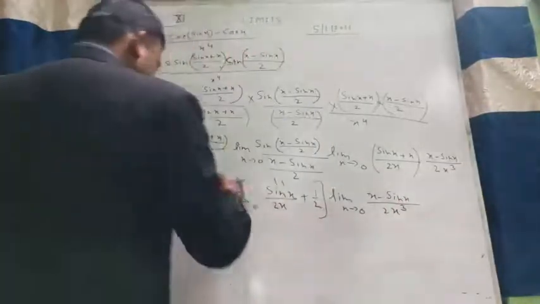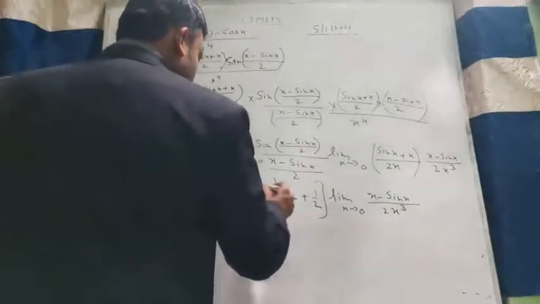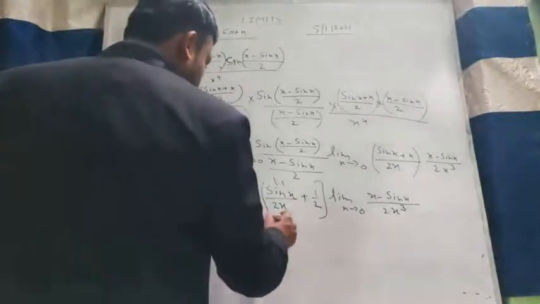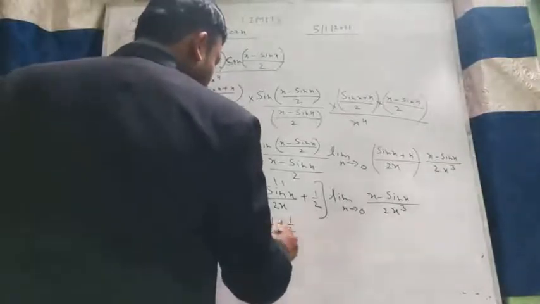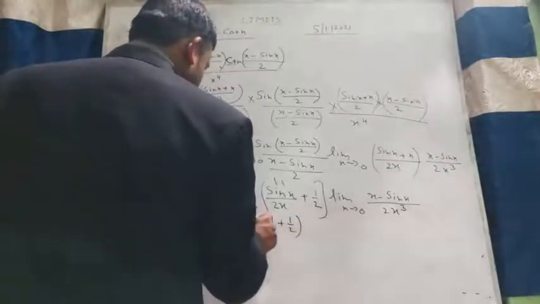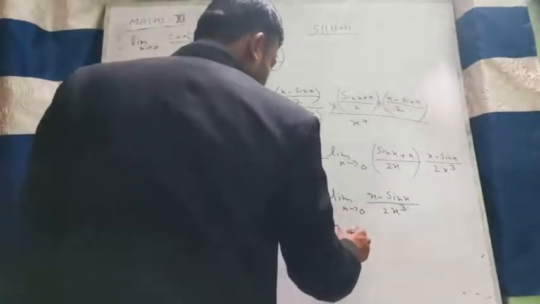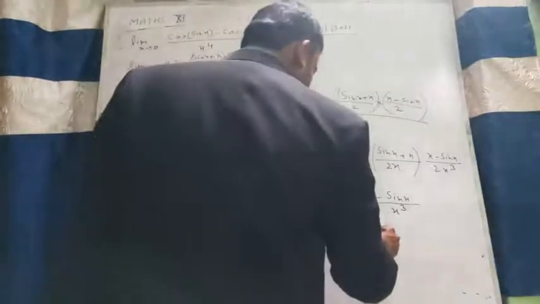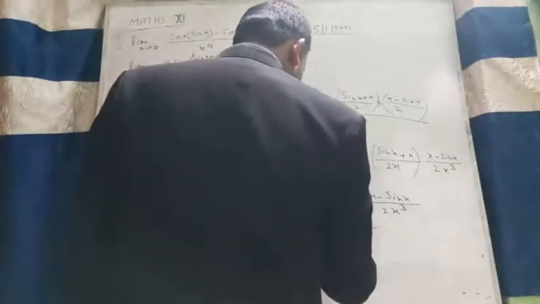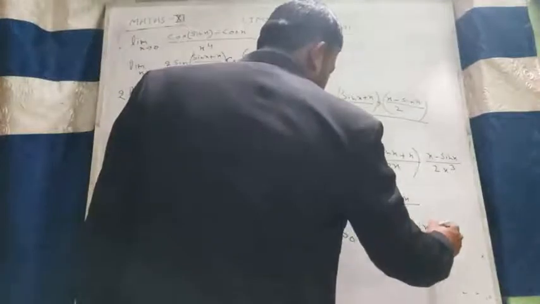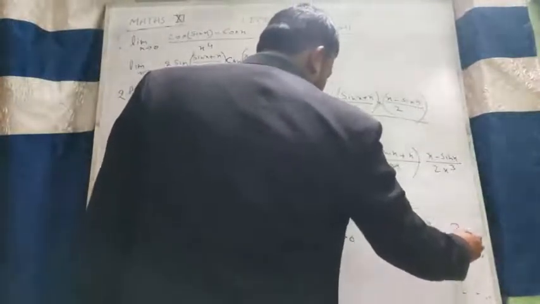Okay, student, so when we apply the limit with this term and this term, we get 1 by 2 plus 1 by 2 here, and this is into 1, and here limit x tends to 0. Then this x minus sin x is x minus (x minus x cube by factorial 3 plus x to the power 5 by factorial 5 minus dot dot dot), divided by x cube.